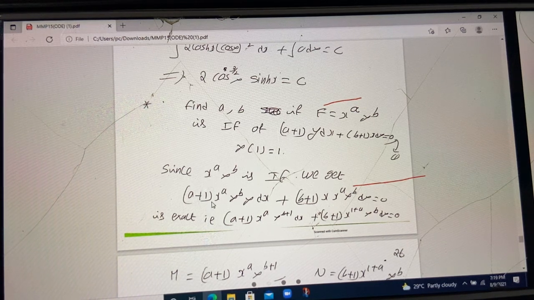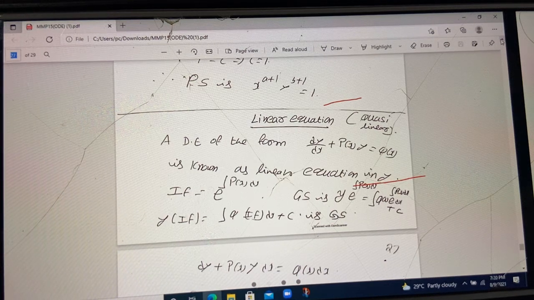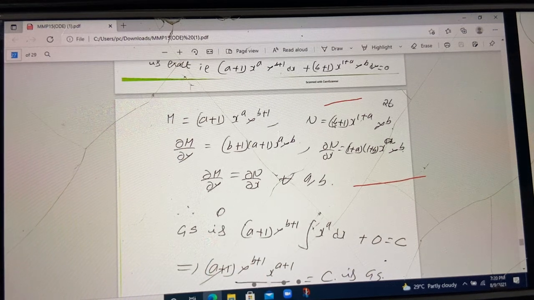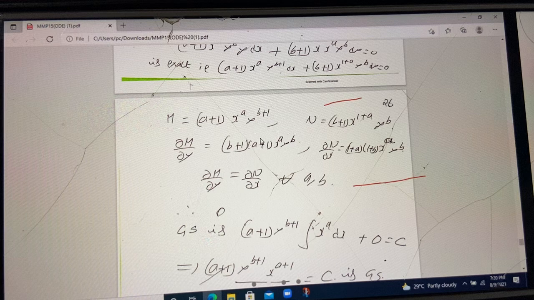So that is a plus 1 into x power a, y power b plus 1 into dx, b plus 1 into x power 1 plus a, y power b is 0. So if this question is given, don't do it, just remember this as the formula. So M is this, N is this. What is dou M by dou y?